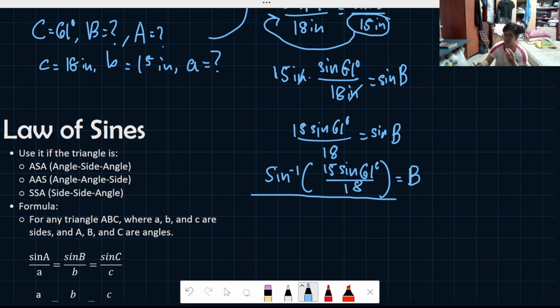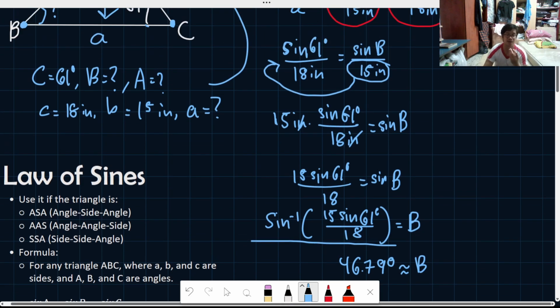In two decimal places, this is approximately 46.79 degrees. So the answer for your angle B is approximately 46.79 degrees at two decimal places.